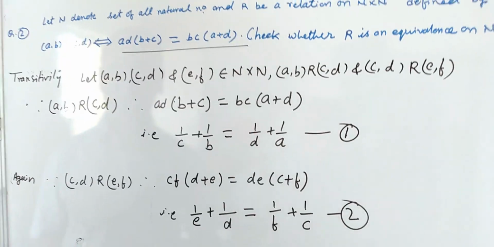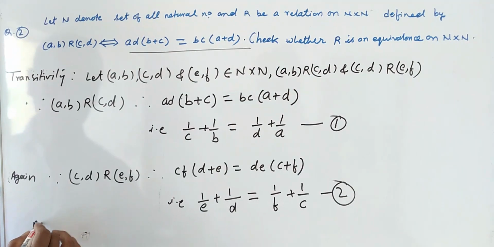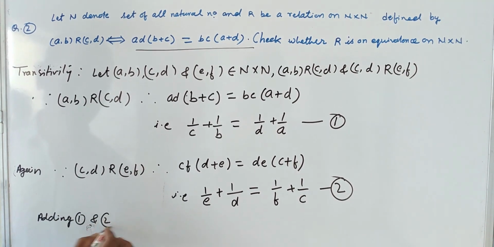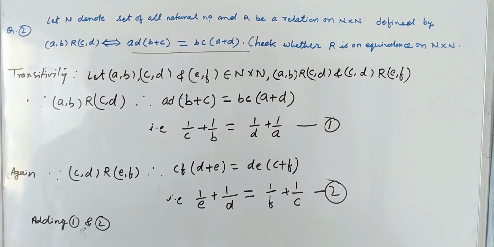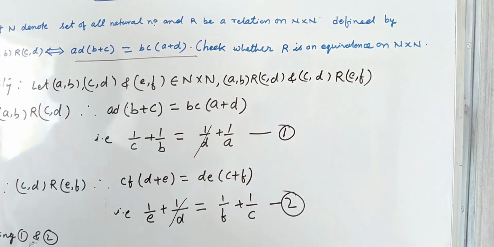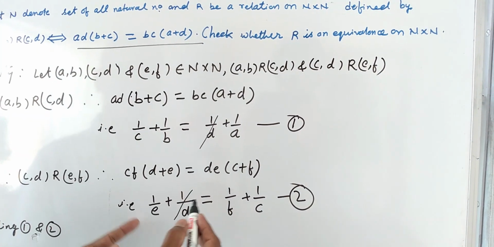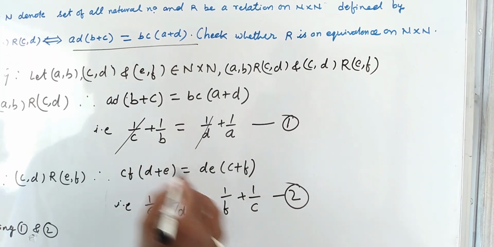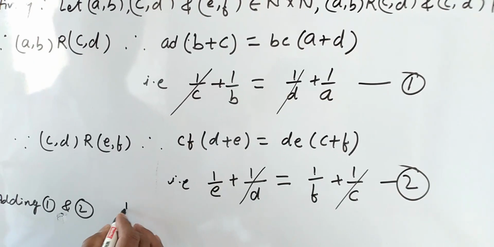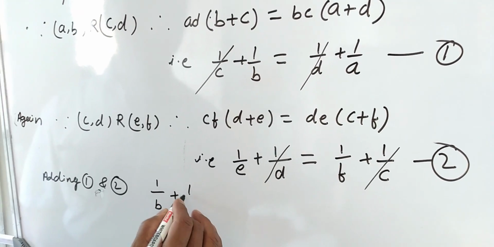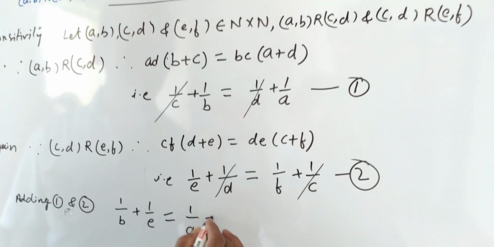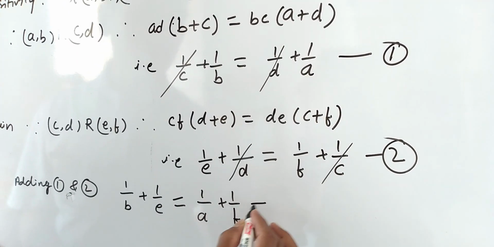Now adding first and second, what will you get? The terms 1/d and 1/d cancel, and 1/c and 1/c cancel. So the remaining result is 1/b + 1/e = 1/a + 1/f.